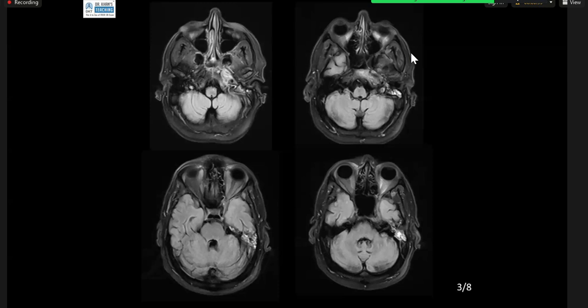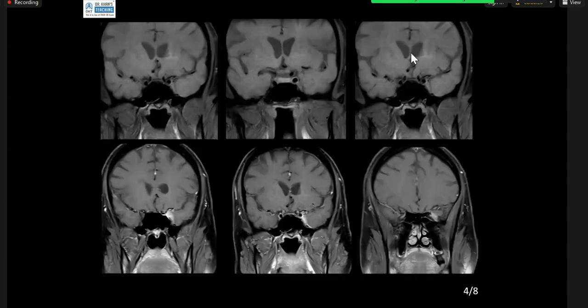And in the first image, I can see that the process is extending upwards towards the cavernous sinus as well. This is the extension of the process into the base of the brain or to the cavernous sinus region.